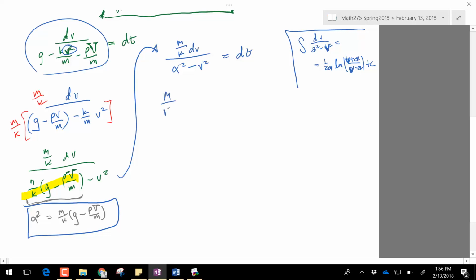Got m over k times 1 over 2 alpha ln of v plus alpha over v minus alpha.